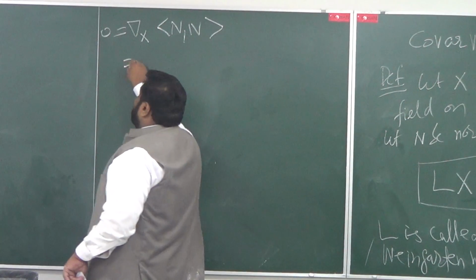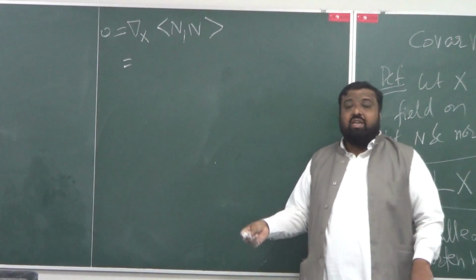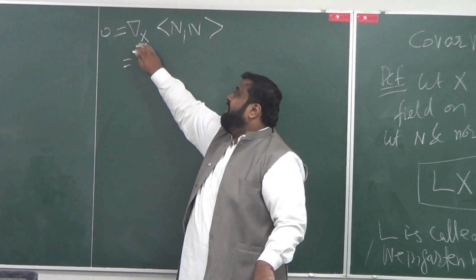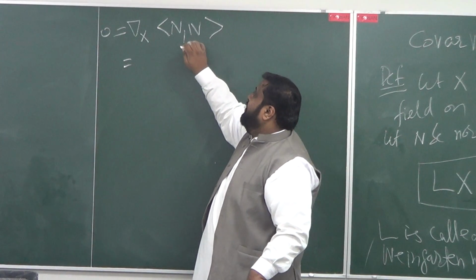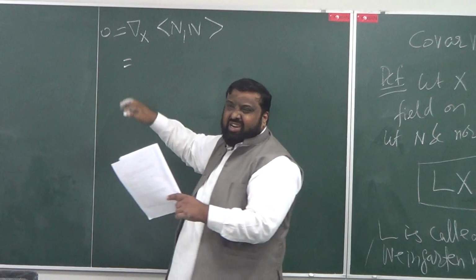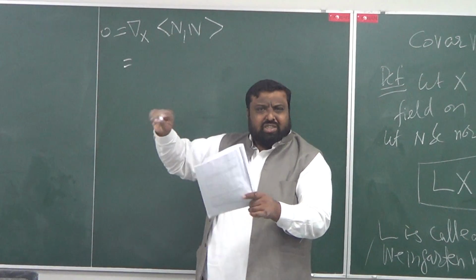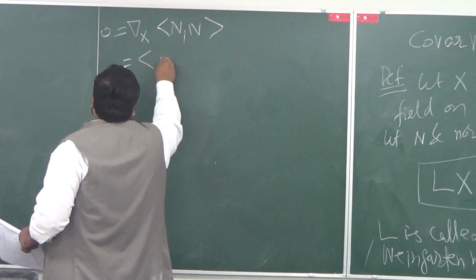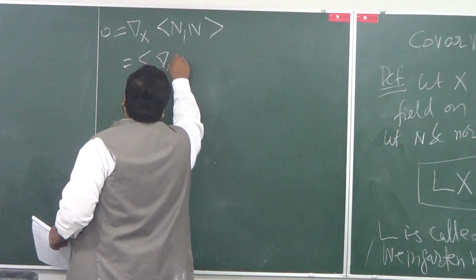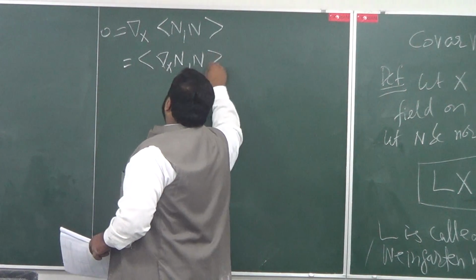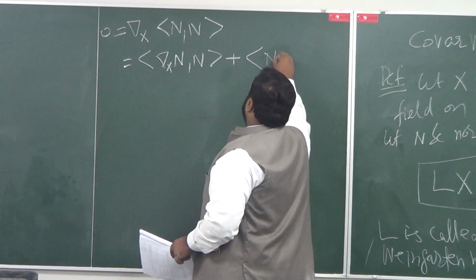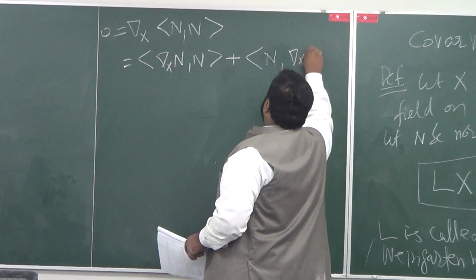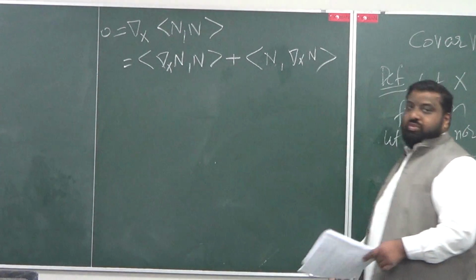You remember the compatibility of a connection with the metric? That says that if you take the connection and operate onto the inner product, then a kind of product rule is satisfied. So what does this mean? That del x of n, n plus n, del x of n must be 0.